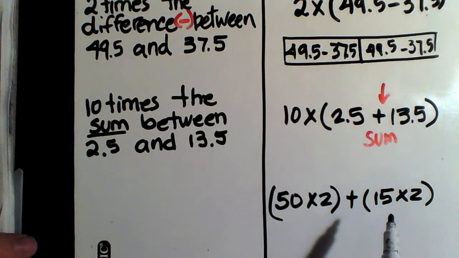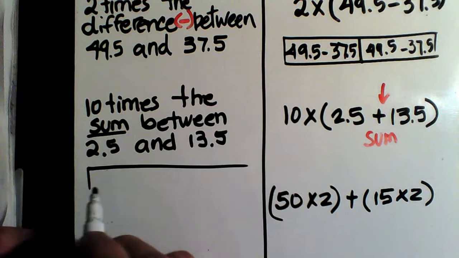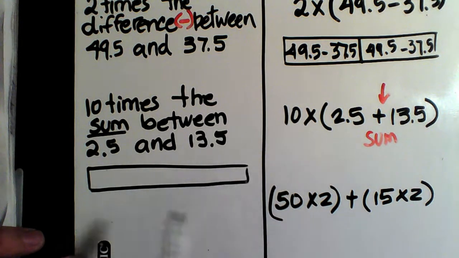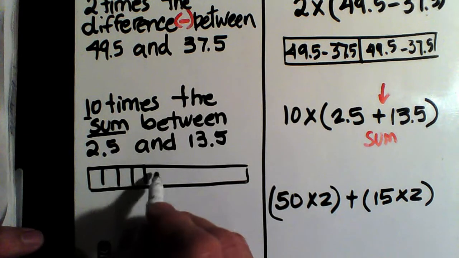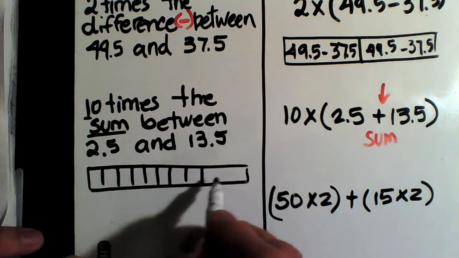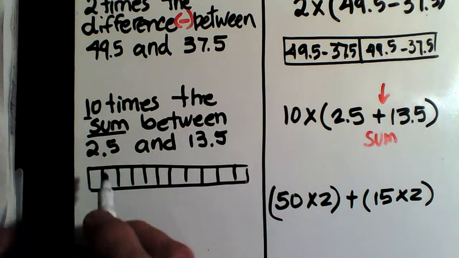All right, let's do the tape diagram for this one. This one indicates that there are 10 parts, 10 times, right? 1, 2, 3, 4, 5, 6, 7, 8, 9, 10. And this expression, 2.5 plus 13.5, is going to go inside.